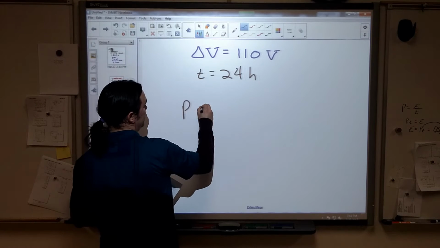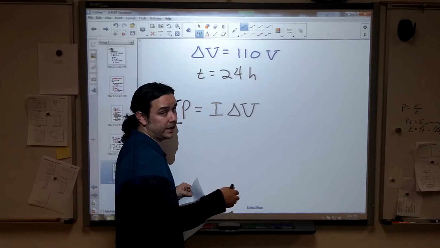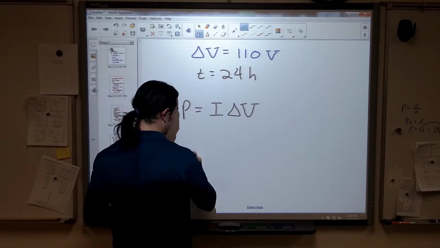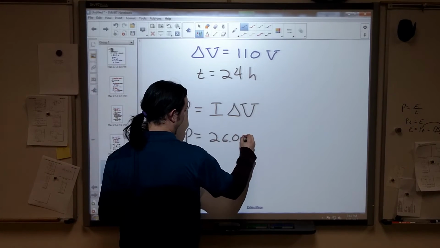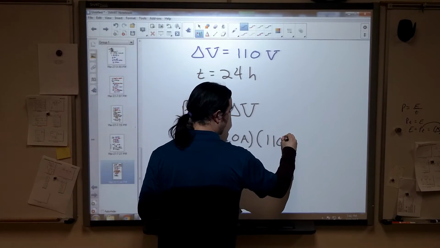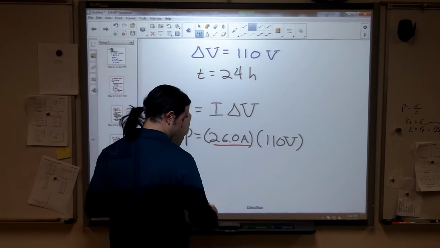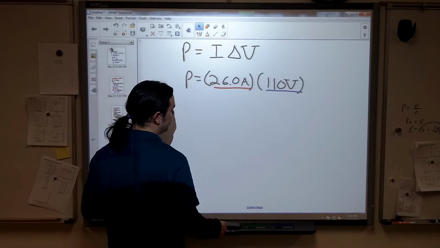First step is going to be to find out how much power we're actually dissipating or consuming or moving somewhere else, basically. So in this case, we find that our power is going to be equal to 26.0 amp, a very large amount of current, times delta V, which is 110 volts. I apologize, I'm not using the colors on this, but this one is red, this one is blue, in keeping with my usual color notations.